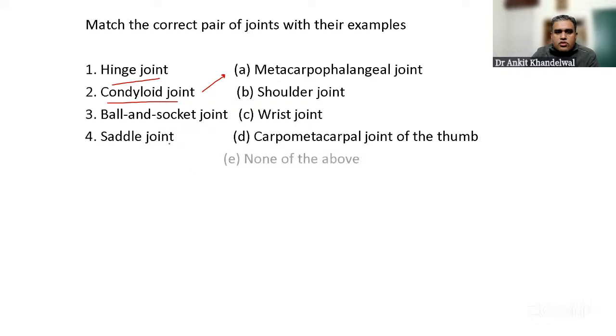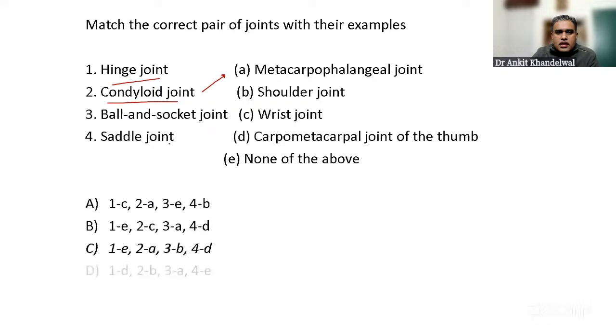I guess we have more options over here. Yes, here we have. So 2A will be correct. Okay. 1E goes because none of them was a hinge, so none of the above. Ball and socket, we have the 3B over here. Saddle variety is what? Carpometacarpal joint. Yes, so 4D will be there. Now let us see.